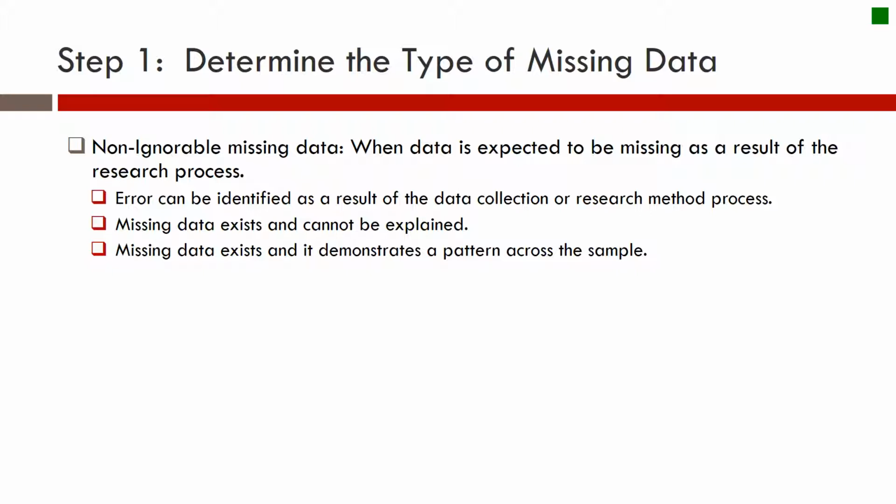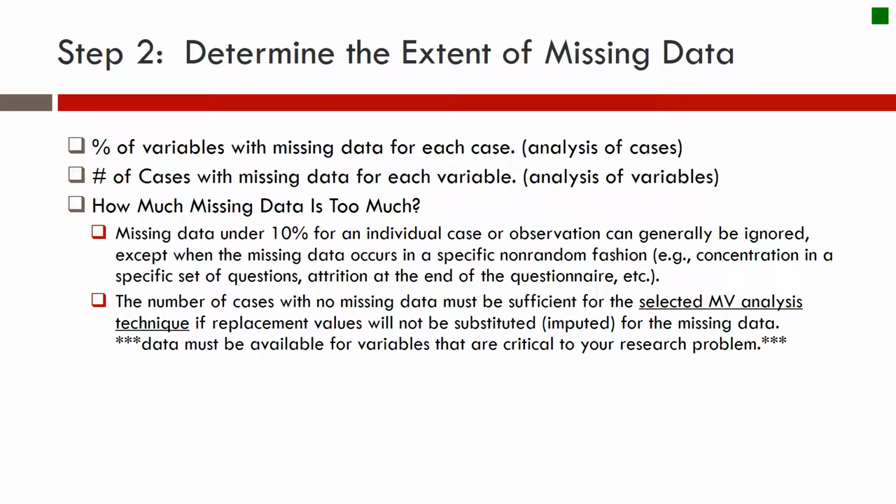And very importantly, if we see some pattern of missing data, then we would want to be concerned about that as well, and that would warrant additional investigation. So we want to think about why the data was missing to begin with, whether it was ignorable missing data or non-ignorable missing data.